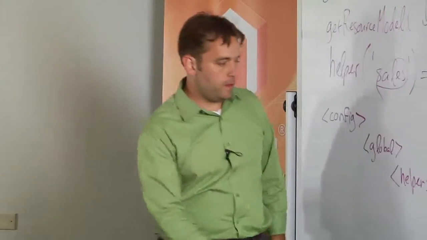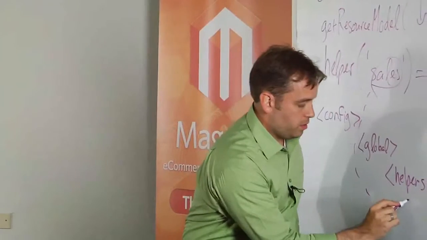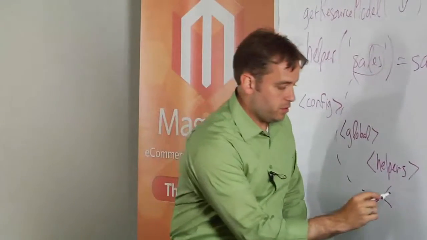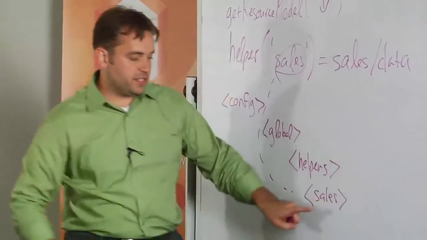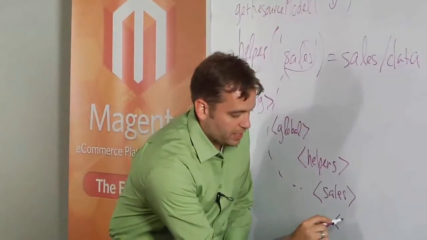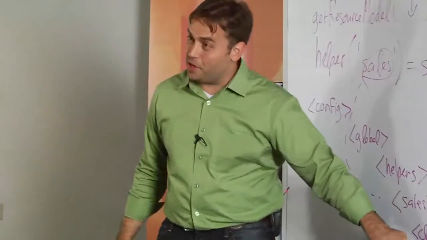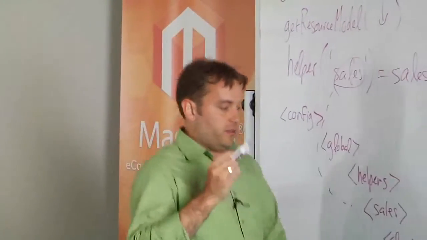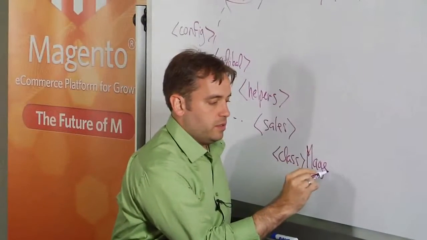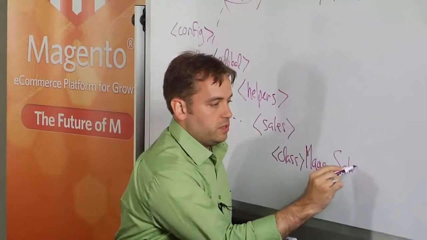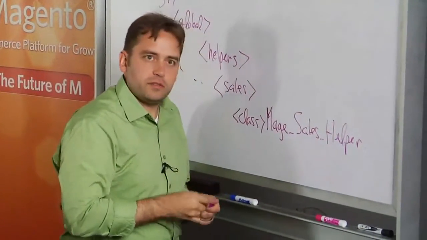So hopefully in our configuration structure, we will have sales, and then inside sales, we look for class. And in that class node is where we would specify Mage sales helper. That's the connection.